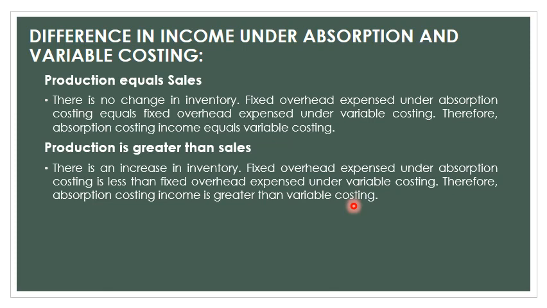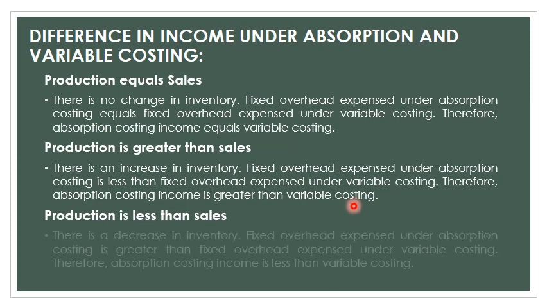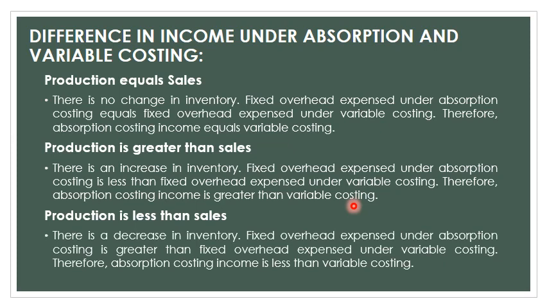And last, we have production is less than sales. So, kabaliktaran ng production is greater than sales. So, ibig sabihin, there is a decrease in inventory, meaning ending inventory is less than the beginning inventory. And fixed overhead expense under absorption costing is greater than fixed overhead expense under variable costing.